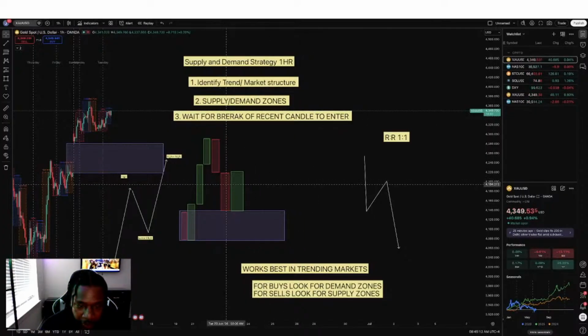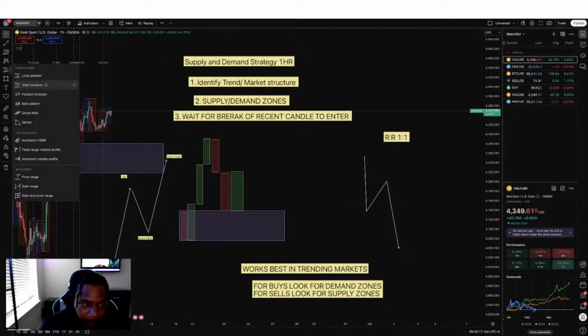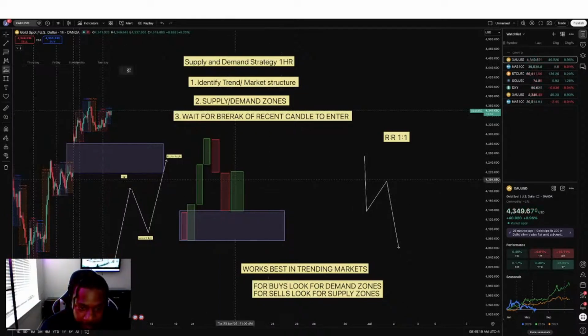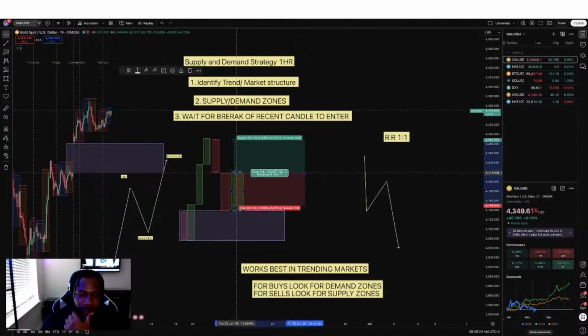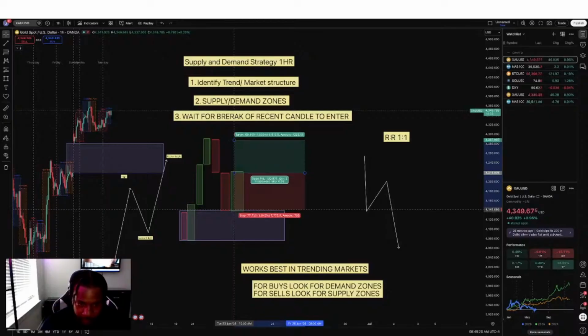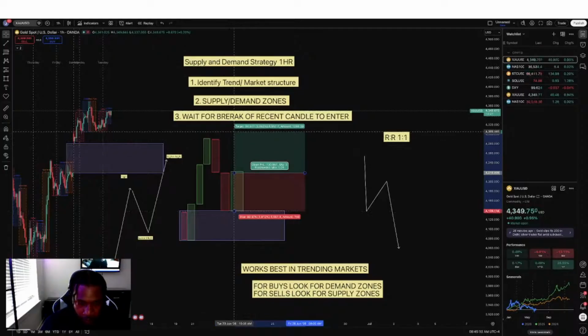Which is this bearish candle. It breaks it. So what will happen? I will enter either a buy stop. I usually enter buy stops. Or you could enter it manually. And then my stop loss will be right under. And then as you can see, risk to reward, we're going to straight one-on-one.